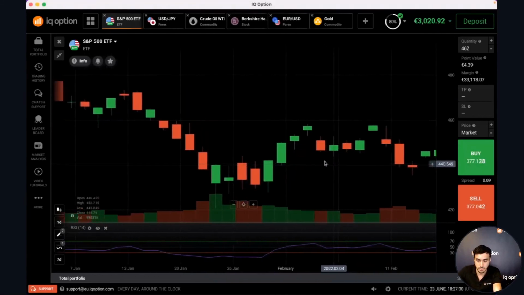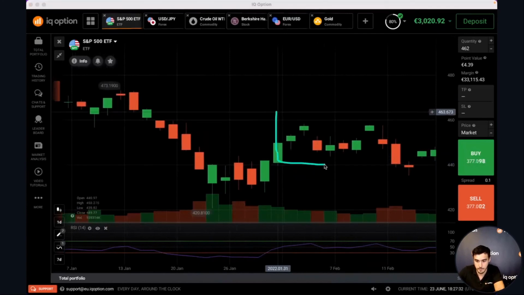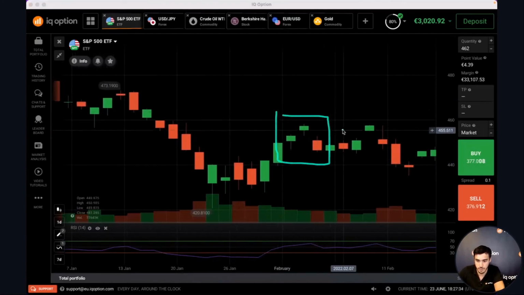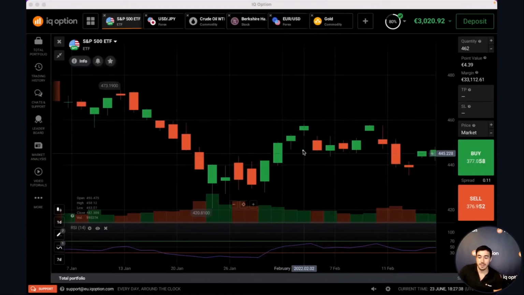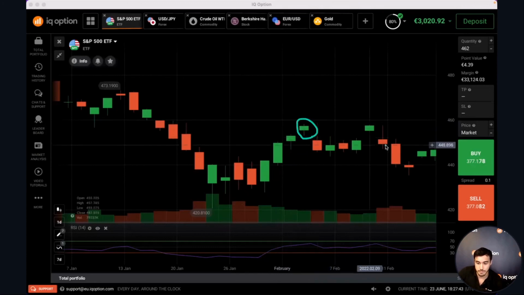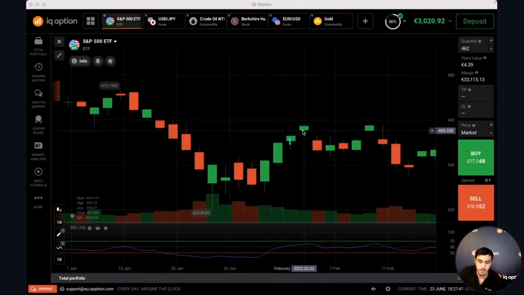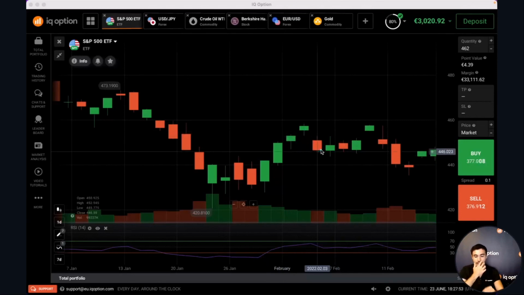See this example, now very important, because here we have two. Are these evening stars? This should be red, and this should be red, right? Should be green, red, red. And we have green, green, red. So it's not really what we are looking for.